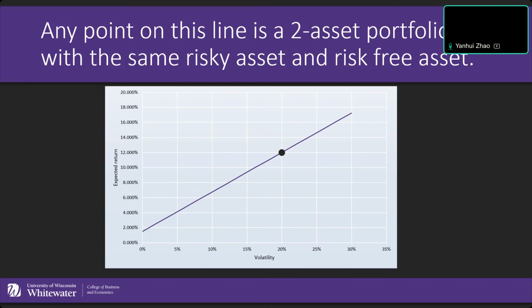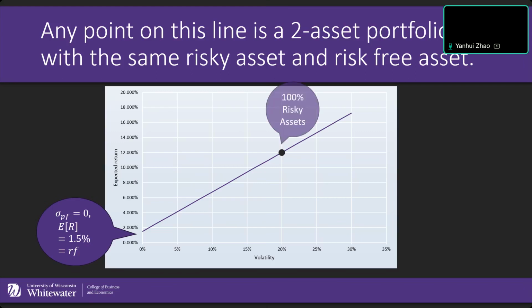Any dot on this line is one portfolio, but we allocate different amounts on risky assets and risk-free assets. And here, the volatility is 0% and the return is 1.5%. That means we allocate all our money on the risk-free asset. We only hold the risk-free asset, okay?